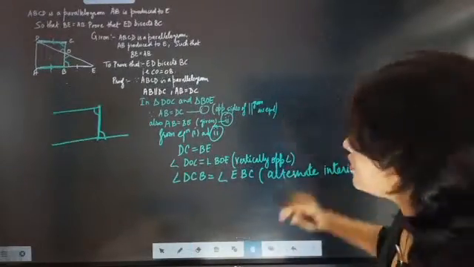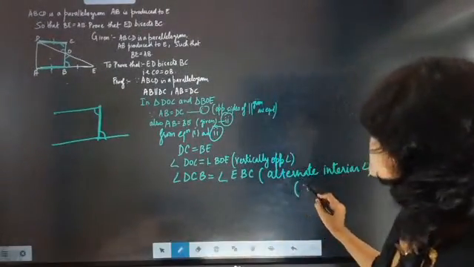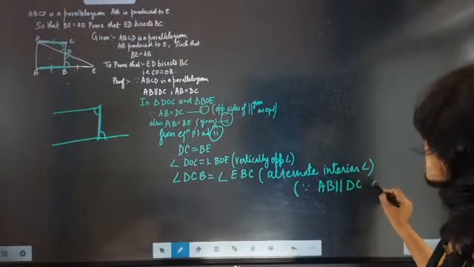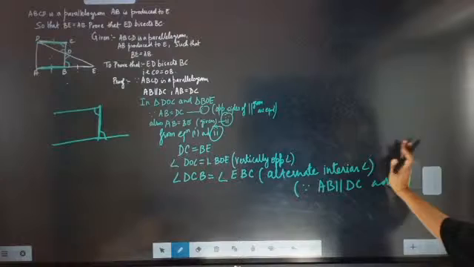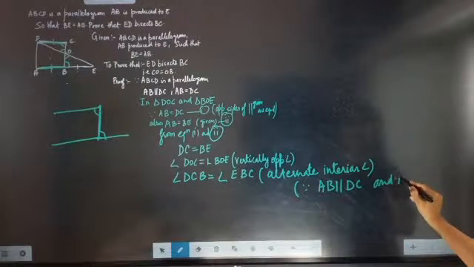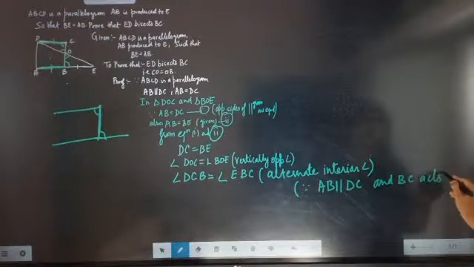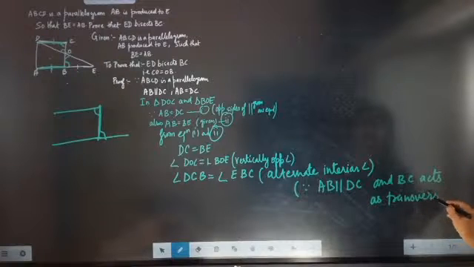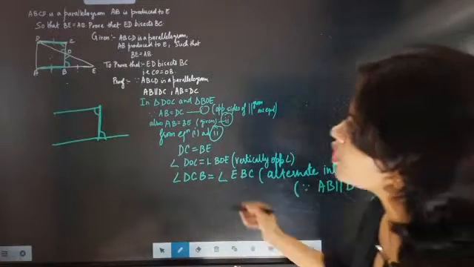So why have we written alternate interior angle? Since AB is parallel to DC and BC acts as transversal, these two opposite angles are equal.